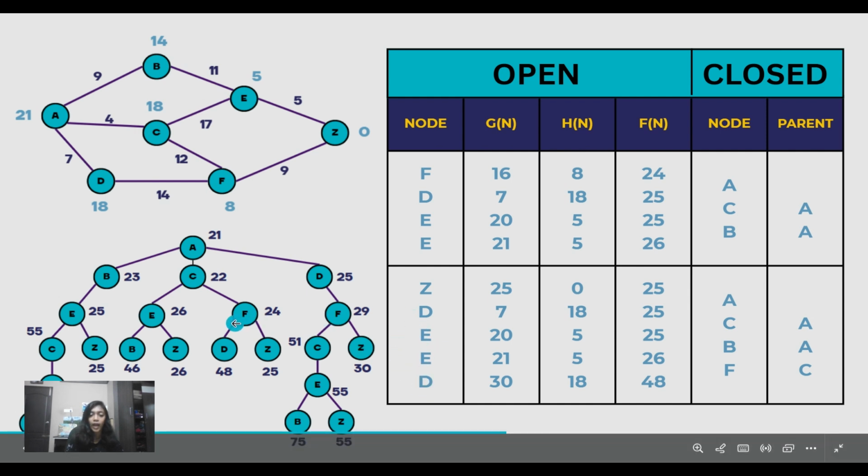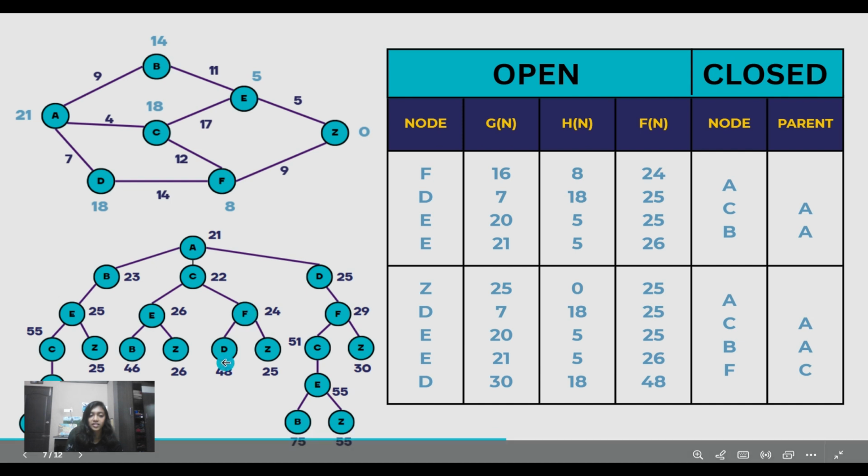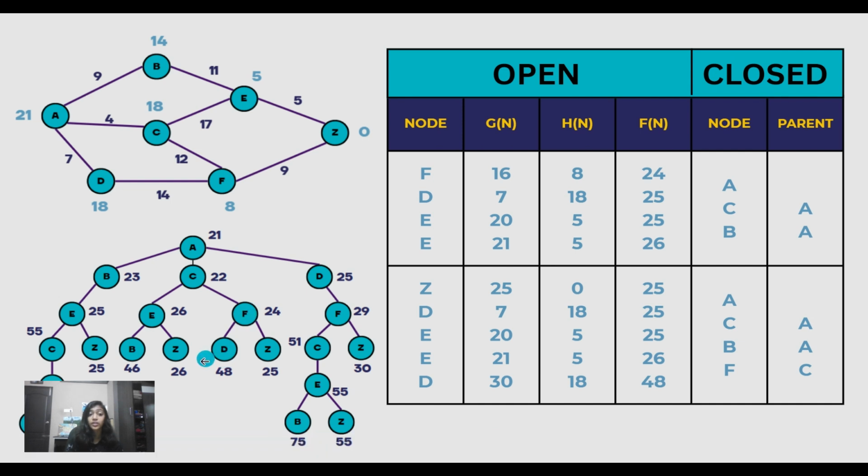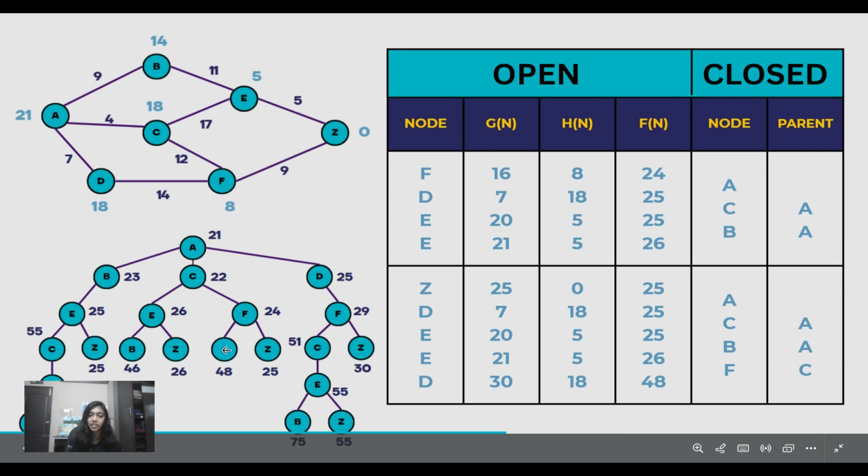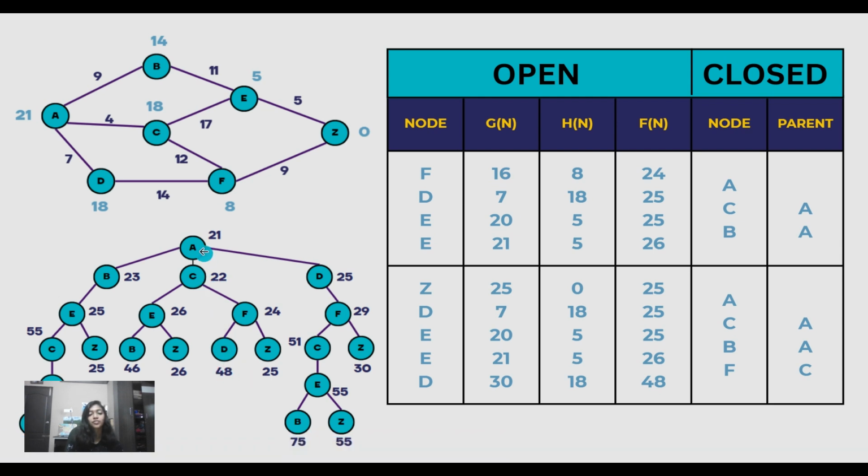The other child of F is D, with the f of n value as 48. We got this 48 by calculating the cost function and heuristic function.